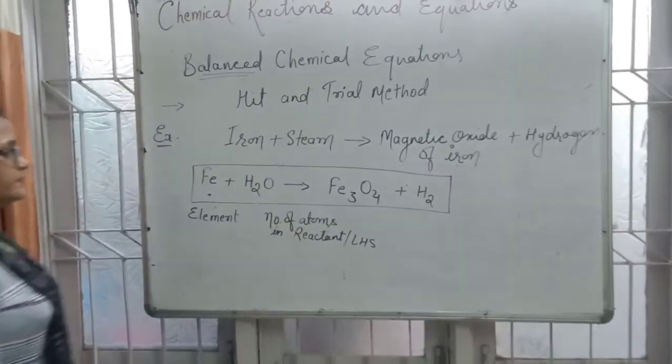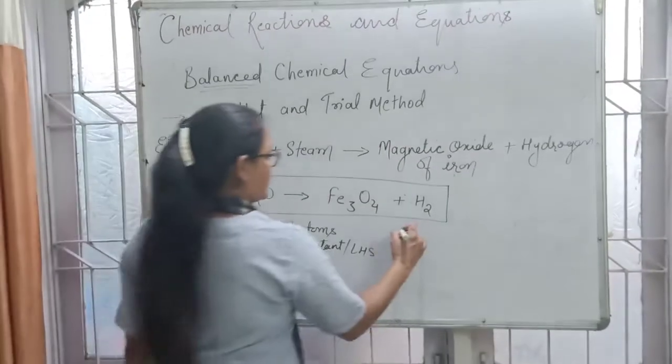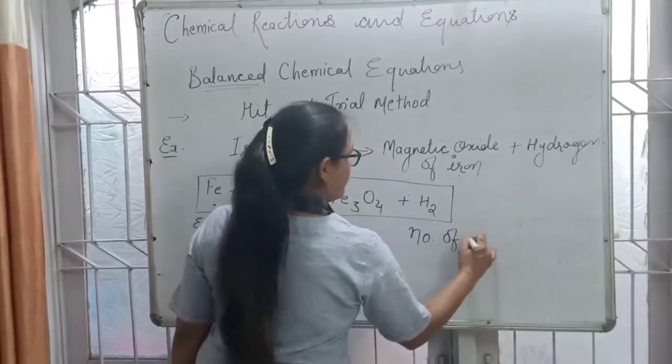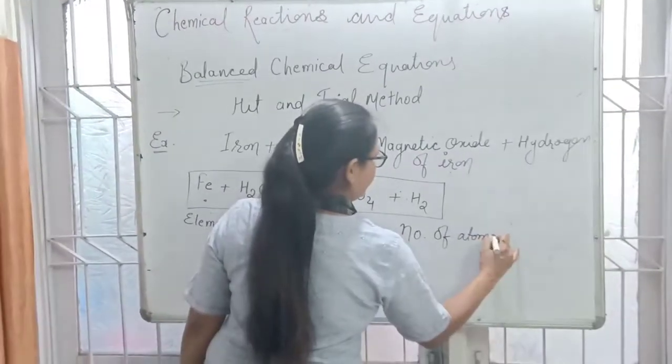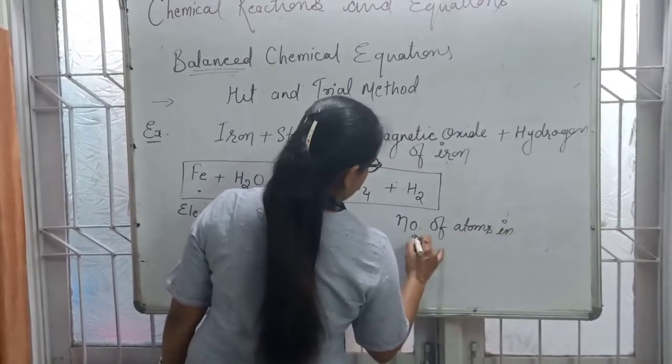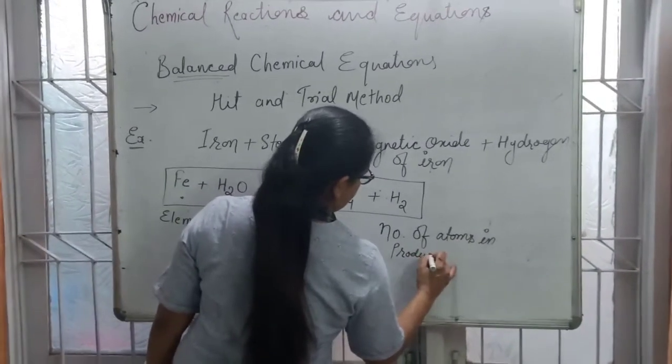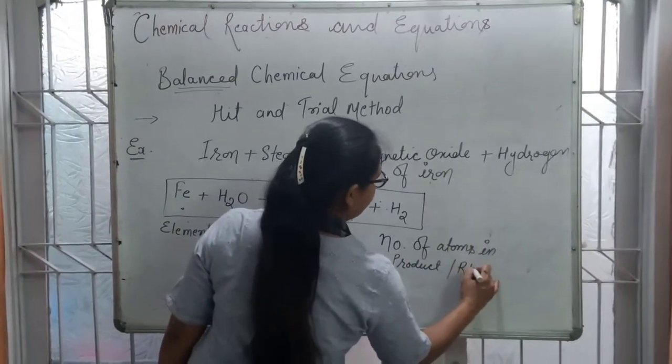Secondly, number of atoms in product, meaning the opposite side, the right hand side.